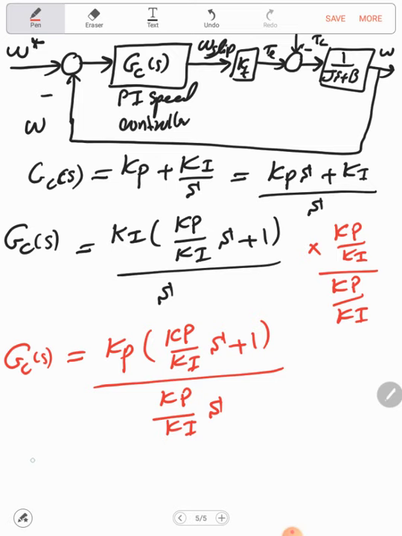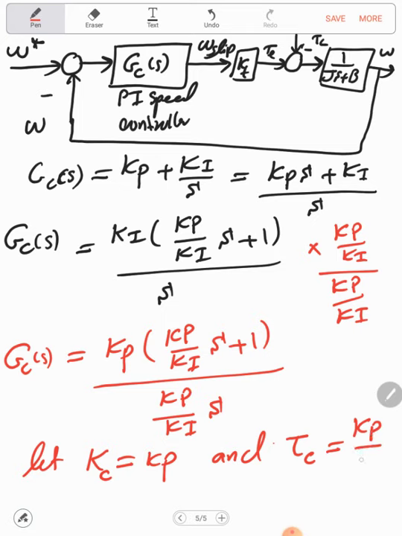Now let Kc equal Kp, the gain of the controller, and tau c, the time constant of the controller, equal Kp over Ki.